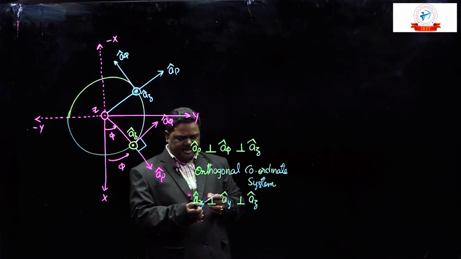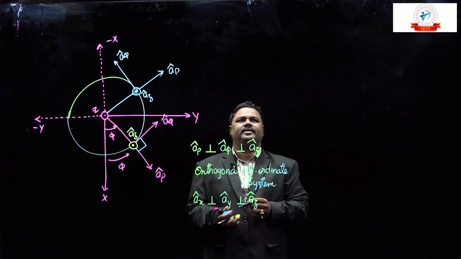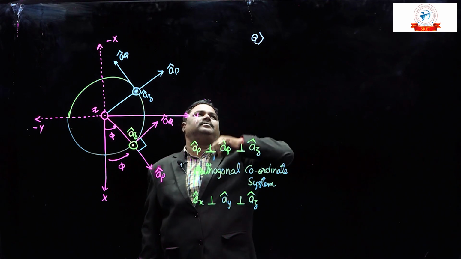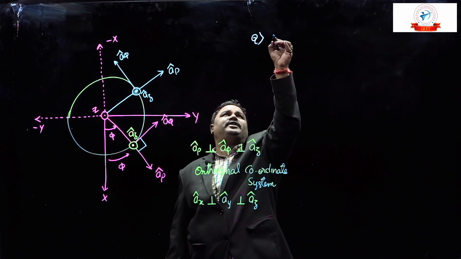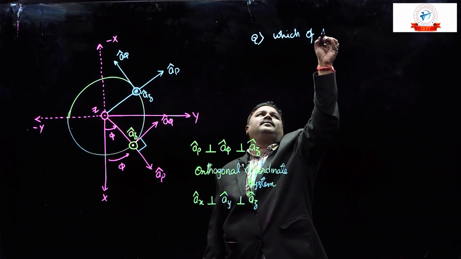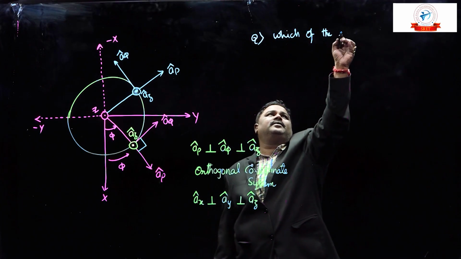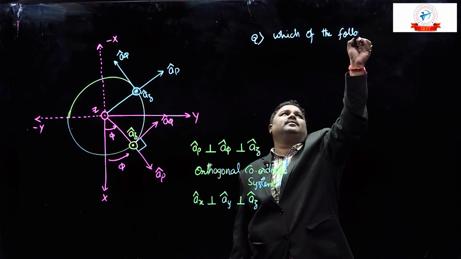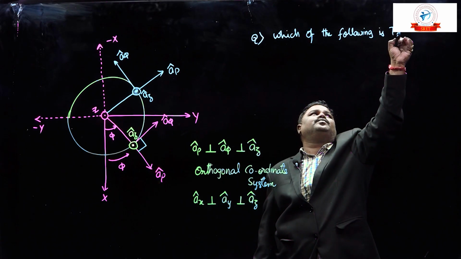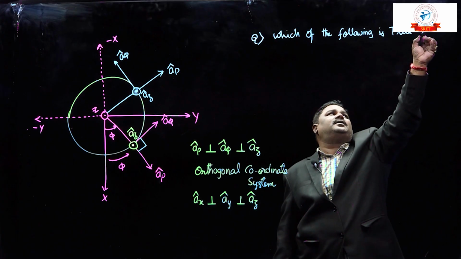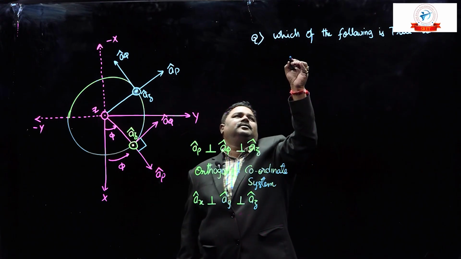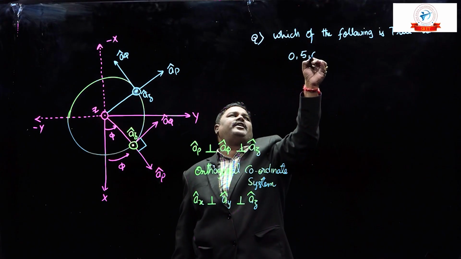Now let us consider a question here. The question is, which of the following is true at a point (0, 5, 0)?